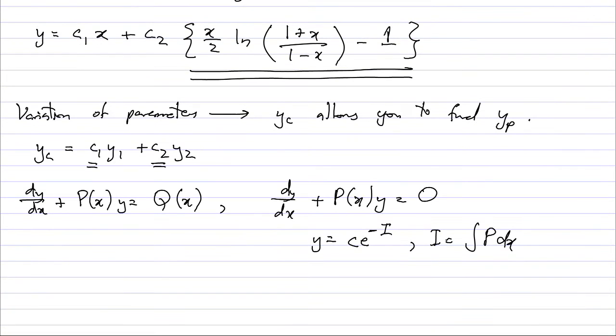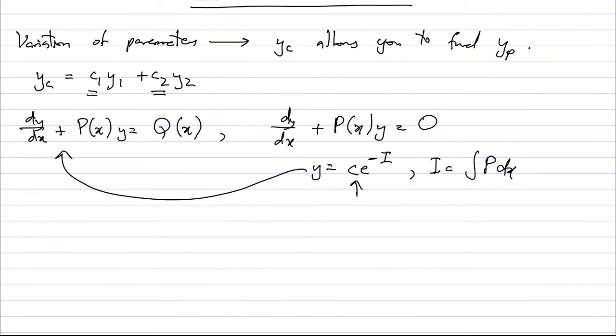And then we promoted this constant c to a function of x. Once you promote this to be a function of x, you plug this back into the differential equation, and then you find exactly what c is going to be. So essentially that was variation of parameters for a first order differential equation.